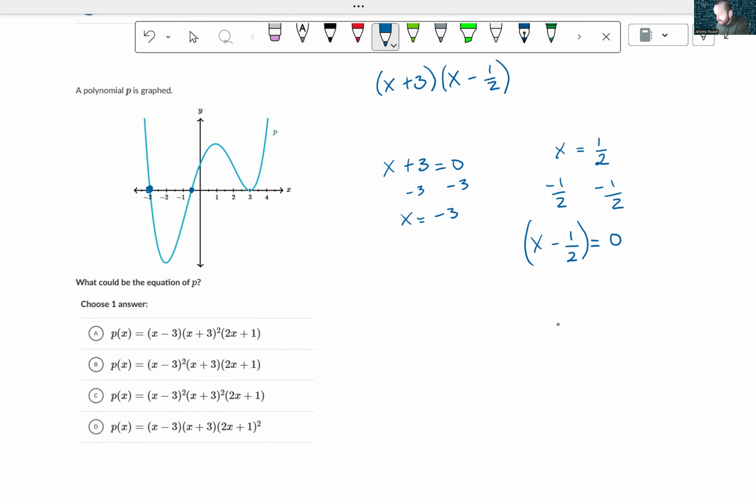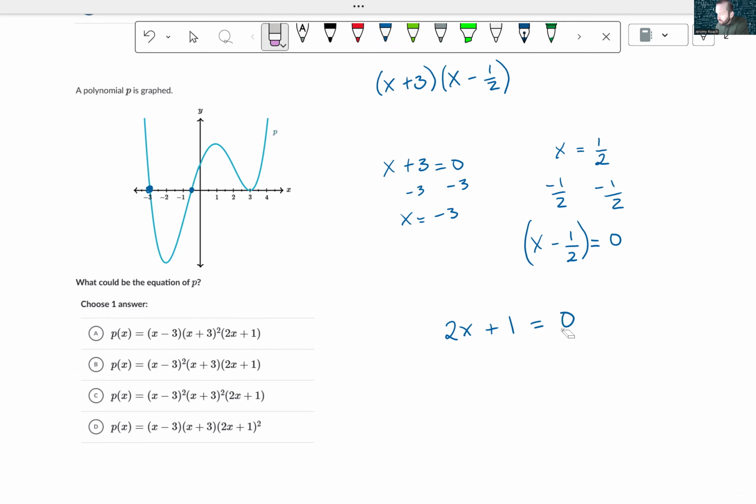Now, that's not the only way to write x minus 1/2. It looks like we don't have that as an answer choice. We've got 2x plus 1 for all of these. So let's make sure that 2x plus 1 equals 0 also equals 1/2.